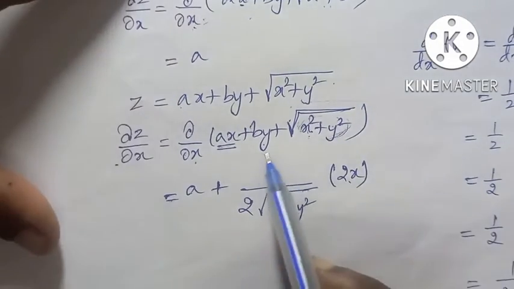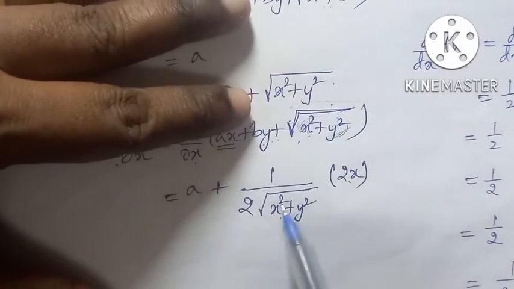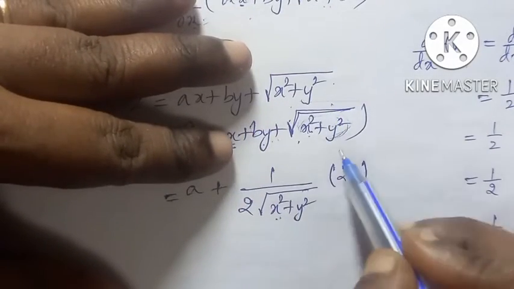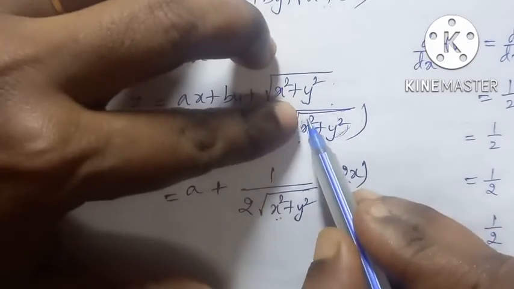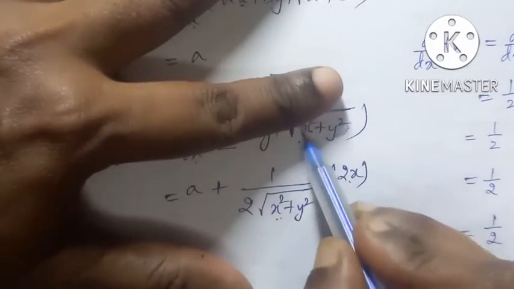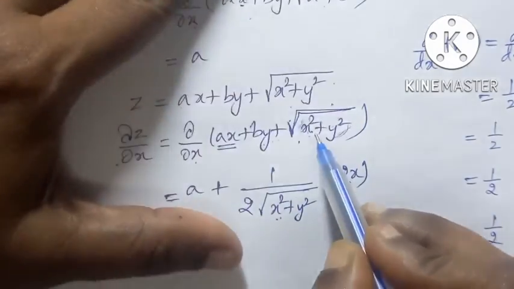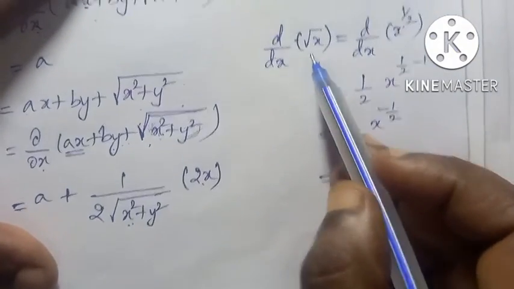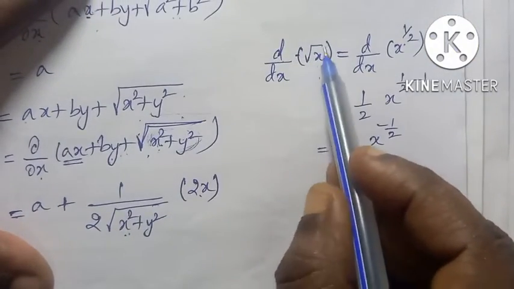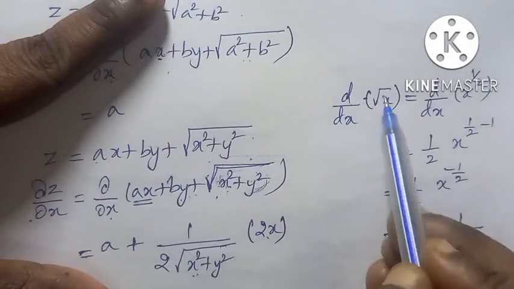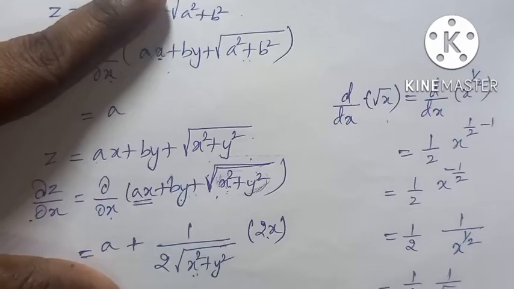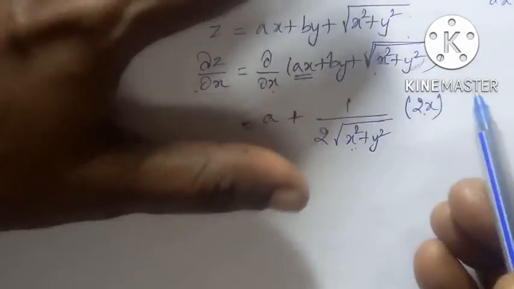See, first you differentiate the square root, which is 1/(2√x). Then you differentiate the term inside, leaving the square root part. Here we have not done that with x alone, because it is simply x, and differentiating x with respect to x gives 1.